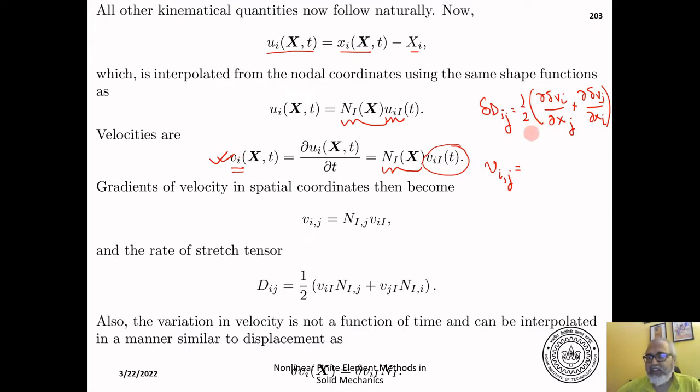So vi comma j would be N capital I comma j. These are not functions of position, so they will remain as such.